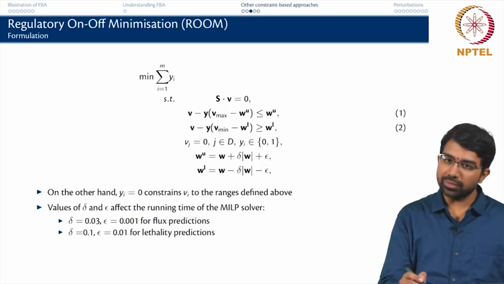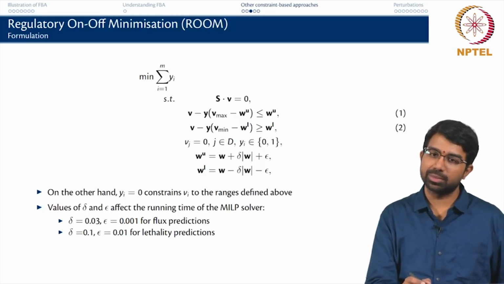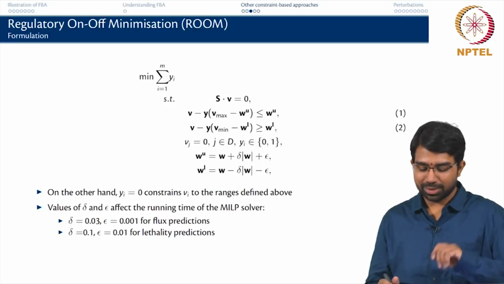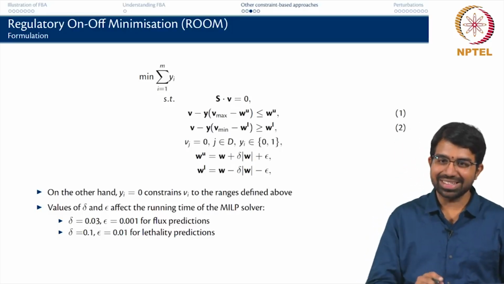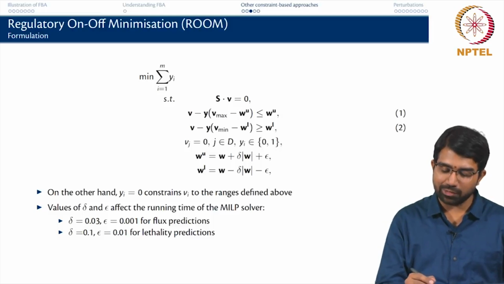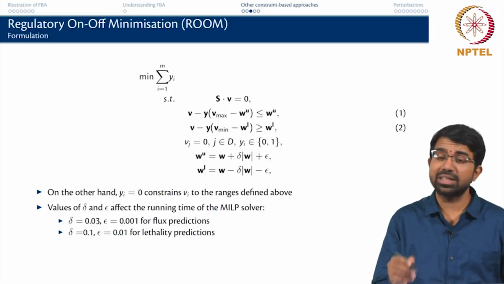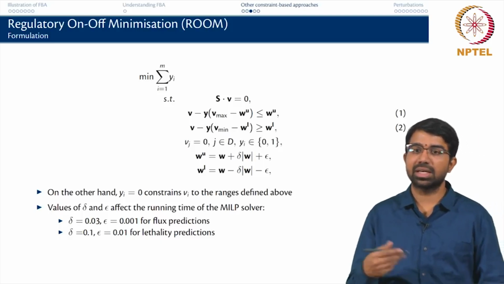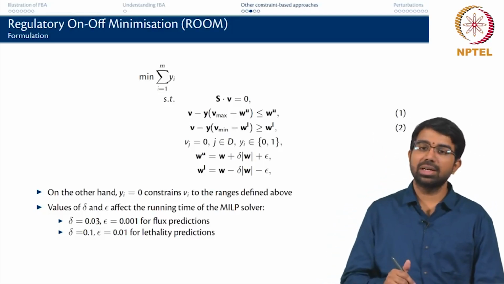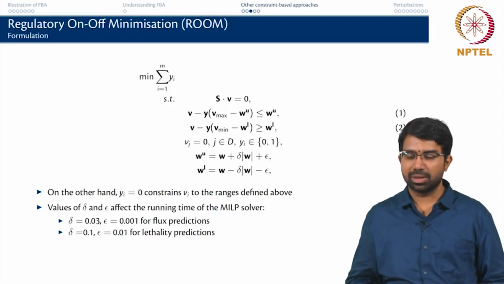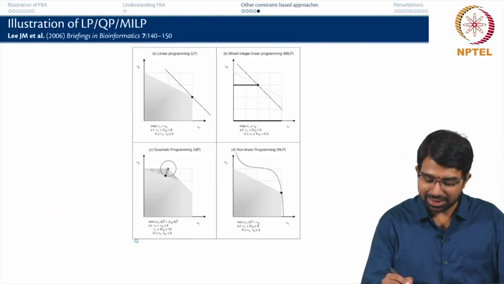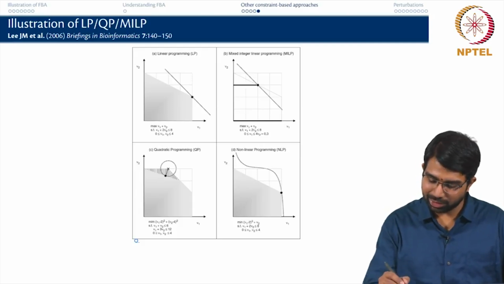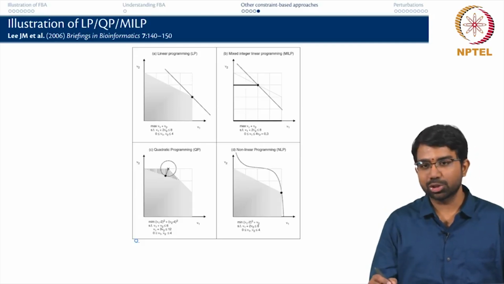You have introduced new decision variables into the mix. Initially you are trying to find only the Vi's. Now you are trying to jointly estimate Vi's and Yi's. Yi's are all integers, Vi's are of course real numbers. So it intersects all the integer points. Maybe I could draw it a little differently. I will have to show V1 and Y1.